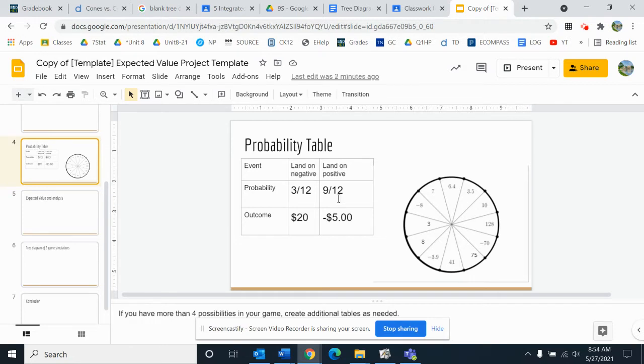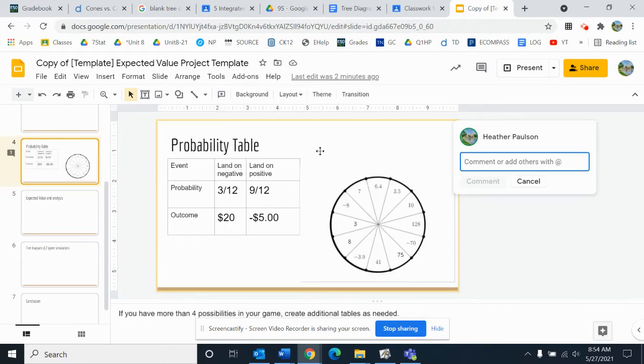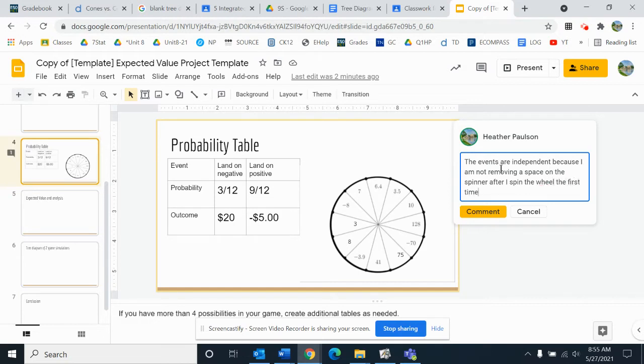And notice that those 2 probabilities will not change. And so the events are independent because I am not removing a space on the spinner after I spin the wheel the first time.